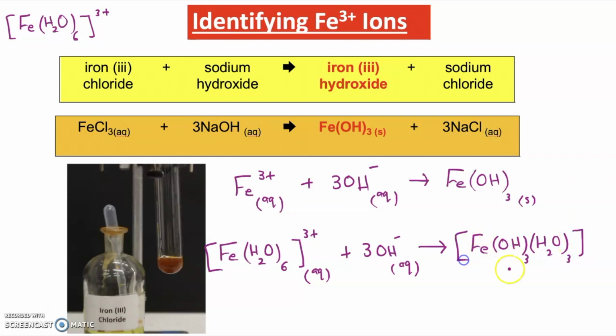So we've got Fe(OH)3, 3 OHs and 3 waters, adding up to 6 ligands surrounding the ion. So the 3 OH- ions kick out 3 water molecules, and we have our overall equation. The state symbols are aq for the reactants, s for the precipitate, and l for water.